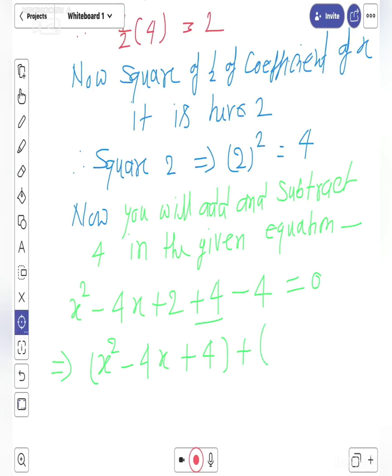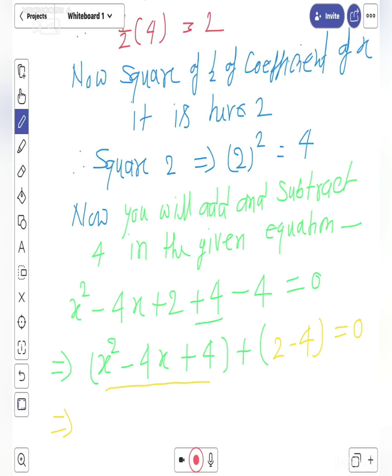After that mark a plus sign and write the remaining things in the second bracket. The remaining things here are this 2 and minus 4. So this 2 and minus 4 you will write in this bracket, and this positive number in the first, and close the bracket. So after this step you will get 2 and minus 4 equal to 0.